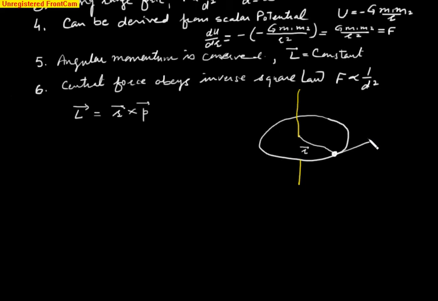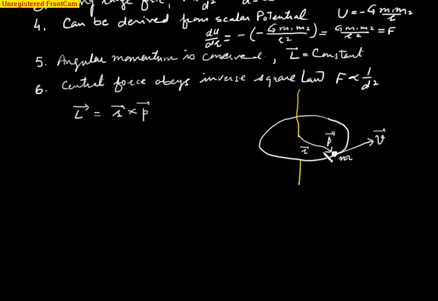Let us say it has motion along the perpendicular to this r, and this velocity is v. Then the momentum associated with this mass will be p, which will also be in the same direction, 90 degrees to this r.